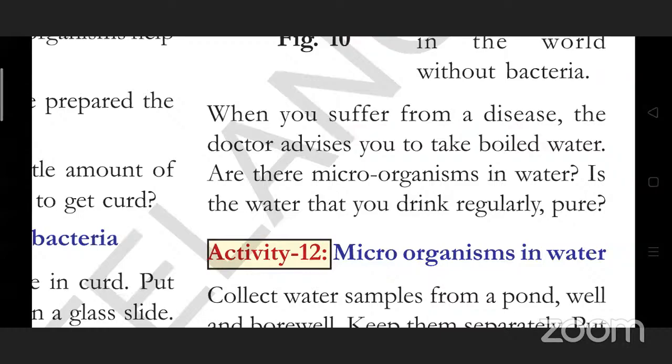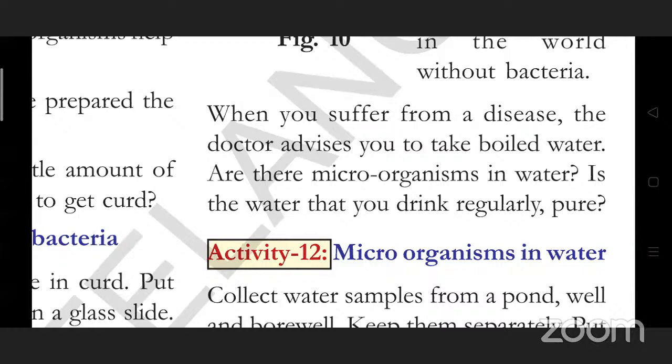See, children, concentrate here. The water we get from the tap and the water we get from the well have bacteria in it. So listen here, if there are bacteria, when you are suffering with fever, the fever may not be cured early. For curing that fever early, you have to drink boiled water.